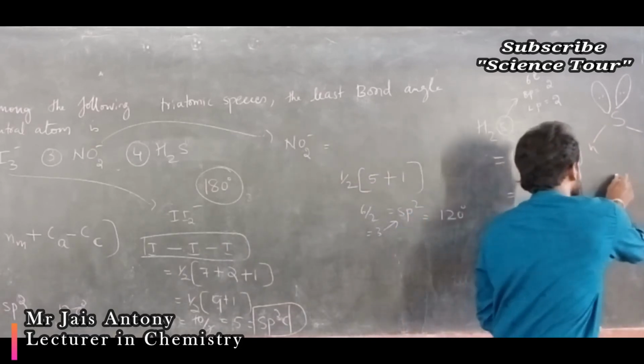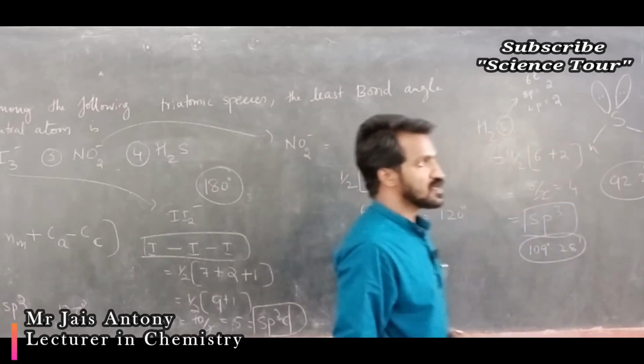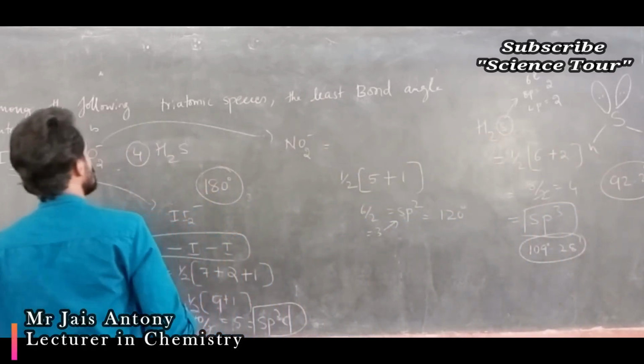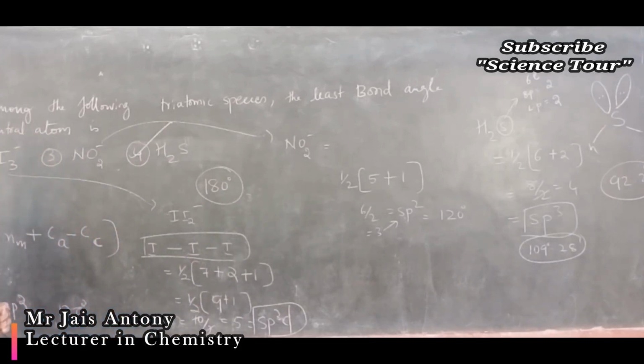It actually gives a 92.2 degree angle. So the least angle here is H2S, my dear students, 92.2 degrees. Why is it 92.2 degrees instead of 109 degrees? It is because it contains 2 lone pairs of electrons, and the lone pair-lone pair repulsion and lone pair-bond pair repulsion is there, so it bends a little more and the bond angle reduces.